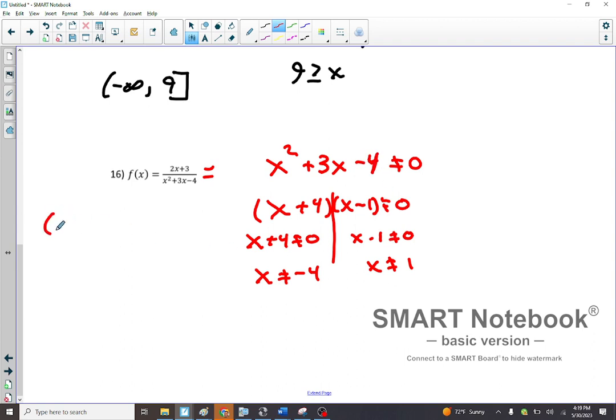Now, your answer should be negative infinity to negative 4, soft bracket at negative 4 because I can't include it. Negative 4 to 1. I'm definitely going to add a fake option that forgets the middle part. Then 1 to infinity.